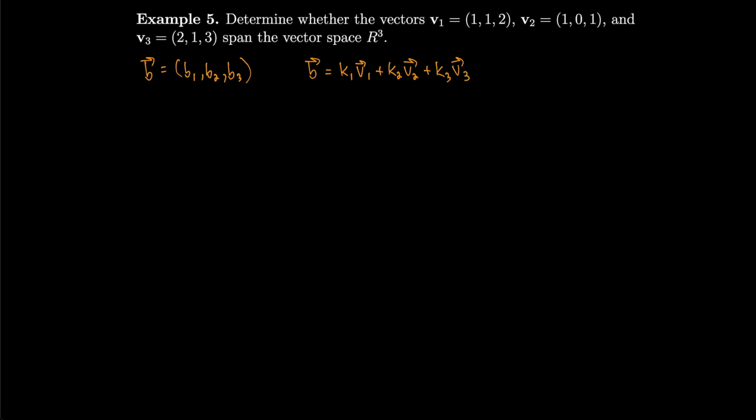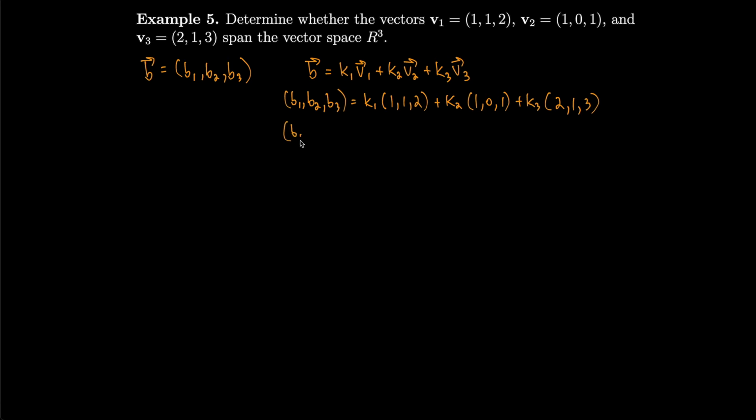And the idea is that we can choose k1, k2, k3 to get any such b in R3, provided that v1, v2, and v3 actually do span R3. So let's replace b with b1, b2, and b3, and we'll put k1 times v1, which is 1, 1, 2, plus k2 times v2, which is 1, 0, 1, and k3 times v3, which is 2, 1, 3.